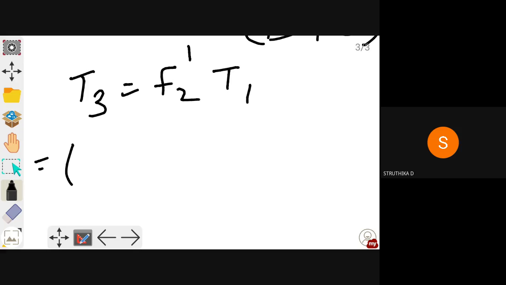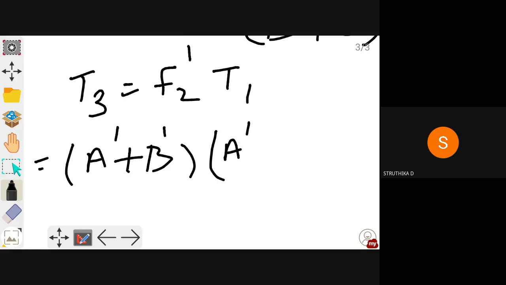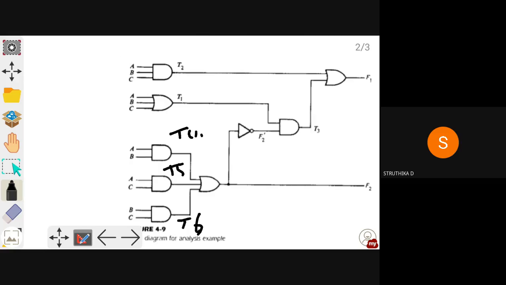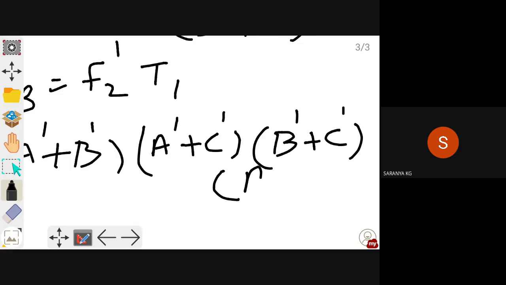F2 dash is A dash plus B dash and A dash plus C dash, then B dash plus C dash, into what is T1. T1 is A plus B plus C.